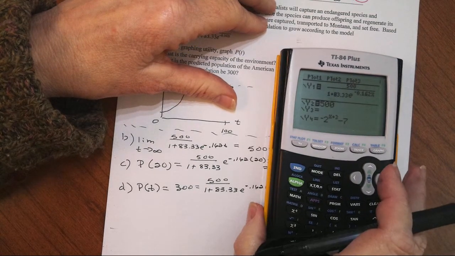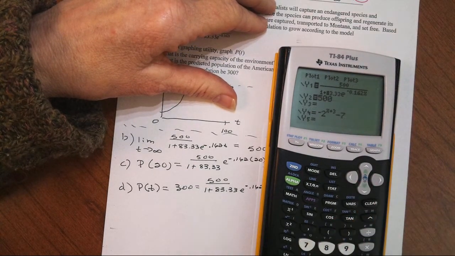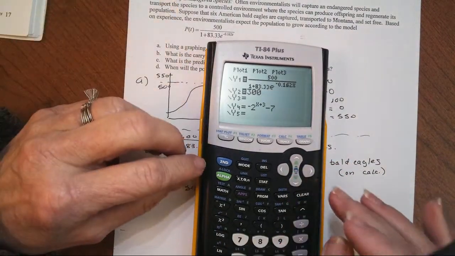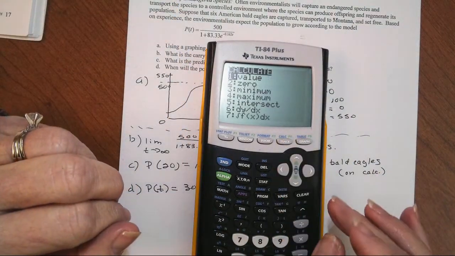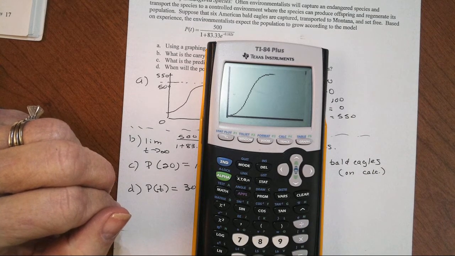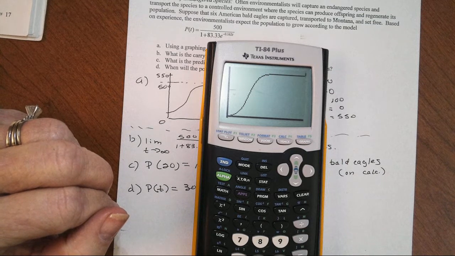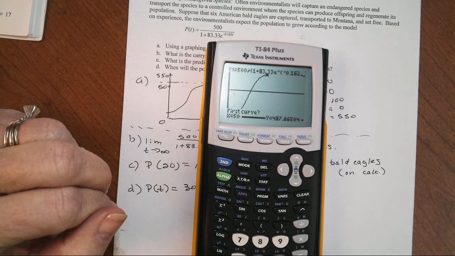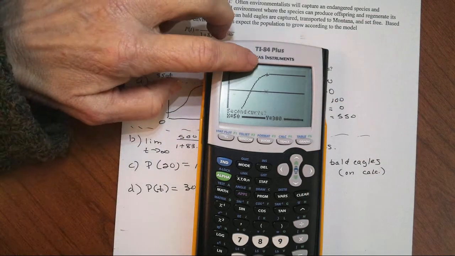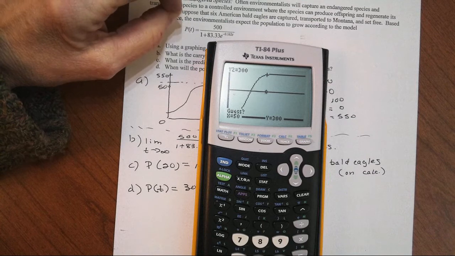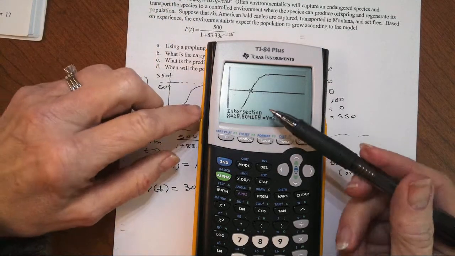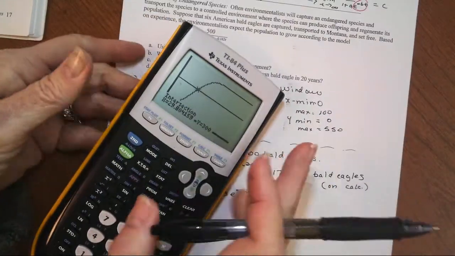So go back to your calculator and type in 300 and find the intersection point. Okay, so we're looking for that intersection point. And the first curve, yes. There it is. There's the second curve. And then we're going to guess. There's only one intersection point, so it's fine. So it intersects at 29.804.